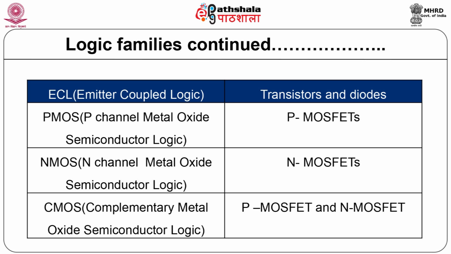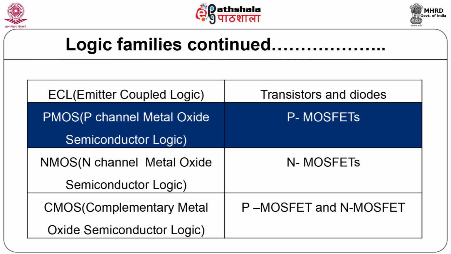ECL, that is emitter coupled logic, again uses transistors and diodes. PMOS, that is P channel metal oxide semiconductor logic, uses P type or P channel MOSFETs.